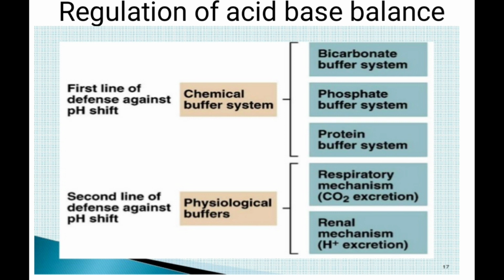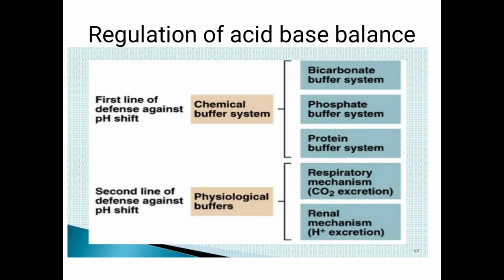So first line of defense is chemical: bicarbonate, phosphate buffer and protein. Second line of defense is physiological: respiratory mechanism and renal mechanism. Actually, more than a buffer, it's a mechanism.